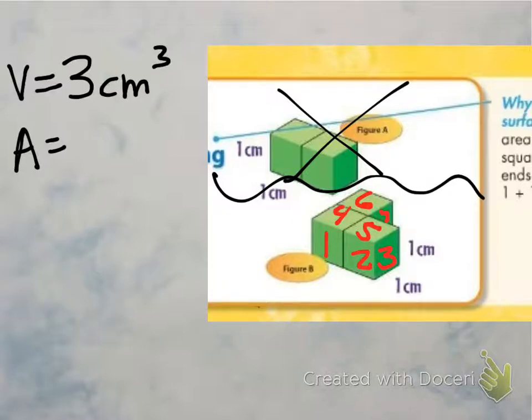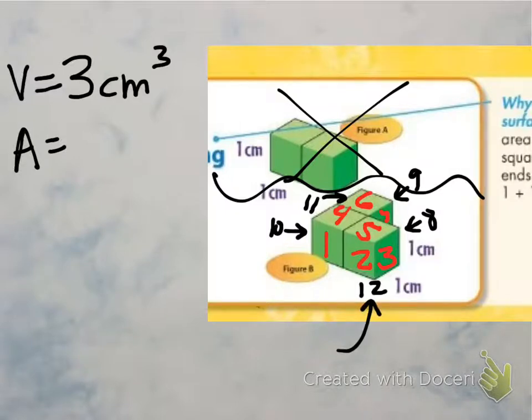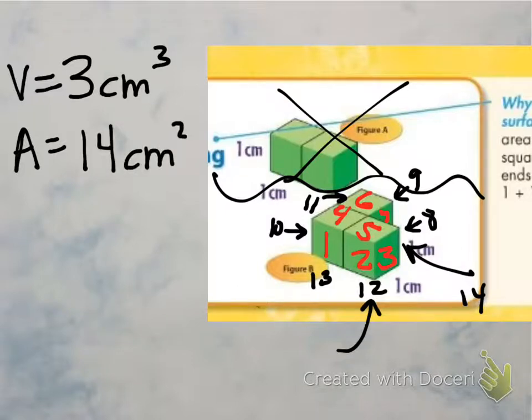Another one here, 8, then another one here, 9, and then 2 here, 10, 11. Then the bottom bases, 12, 13, and 14 at the bottom there. So the area represents 14 square centimeters because those are the surface faces. That is our measurement for figure B.